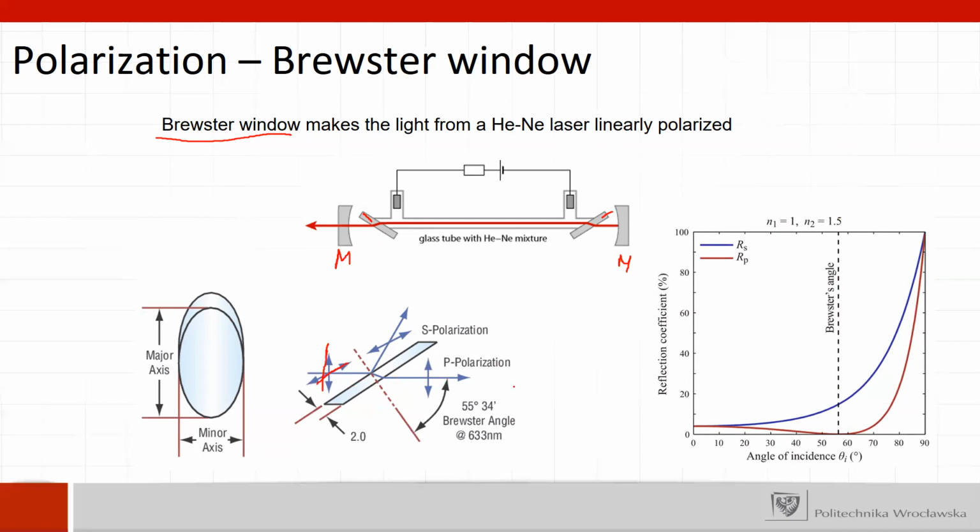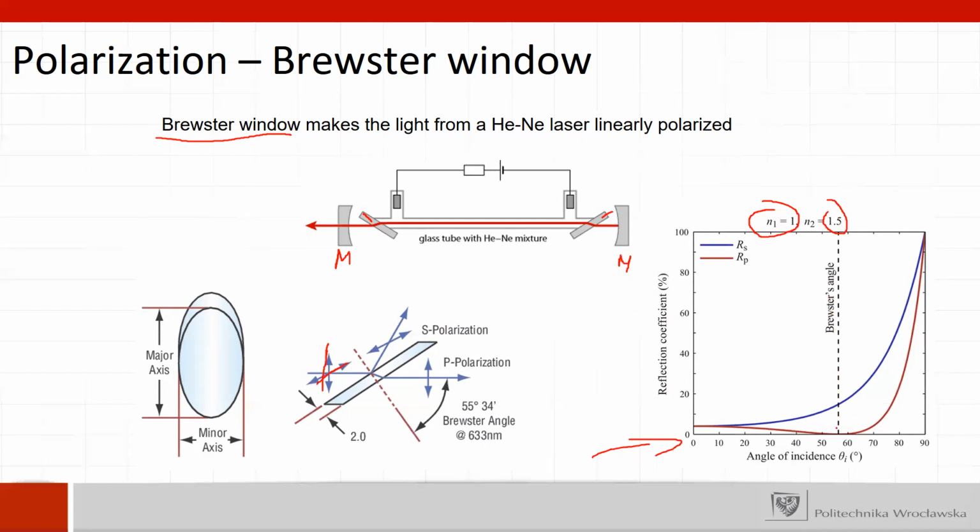This graph shows the reflection coefficient for different angles of incidence, with the refractive index of the material at 1.5 and the refractive index of air equal to 1.